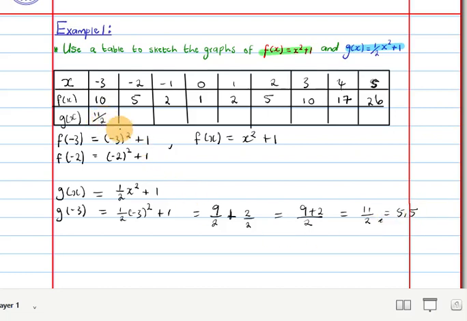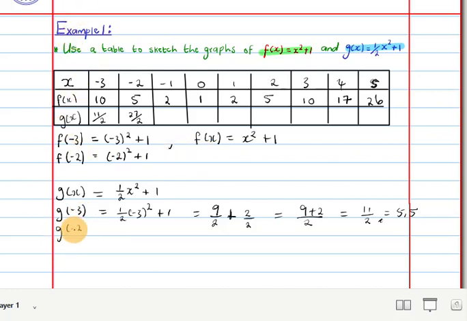So this one is 5.5. Here if you say 5 squared over 2 plus 1, it's the same as 27 over 2, because 5 squared is 25. Let me show you. Here if you say g of -2, oh, sorry.